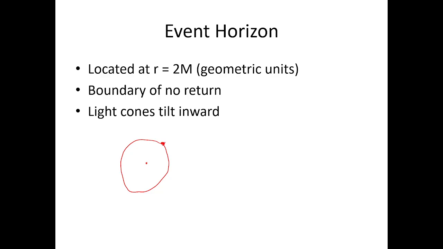That body will never ever escape. It is trapped on the horizon. The light cone is tilted inward in that region. That means the body can go inside the black hole, but it cannot leave the black hole.